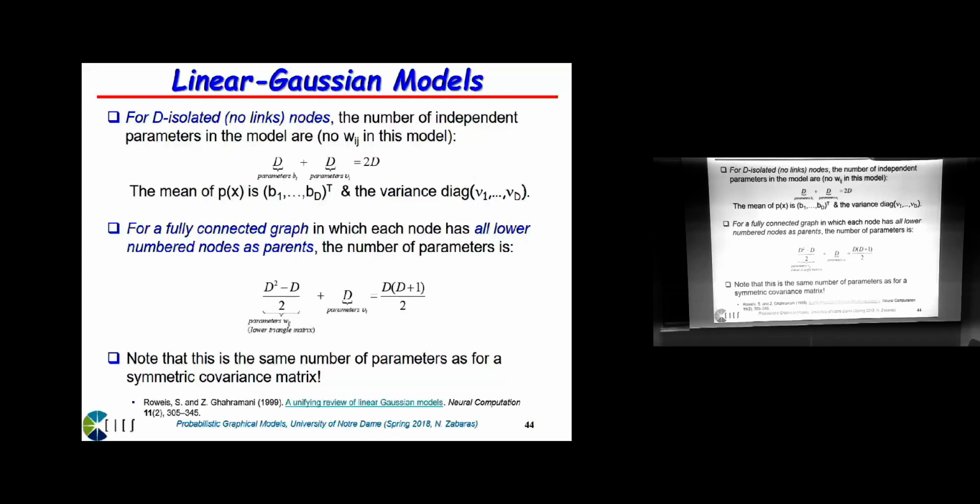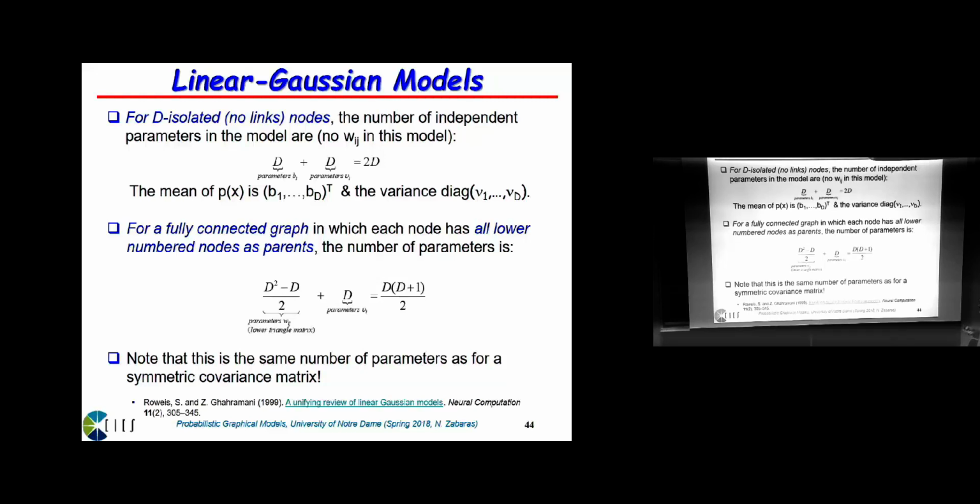So here what I'm really looking at is W to be a lower triangular matrix, and a lower triangular matrix in d dimensions has what? Totally d squared minus d off the diagonal, then you take half, you get d squared minus d over 2. So it comes out that this complicated linear-Gaussian model, if you sum these two, is d times d plus 1 over 2, which is actually the same as the covariance matrix of a Gaussian, a symmetric covariance matrix.